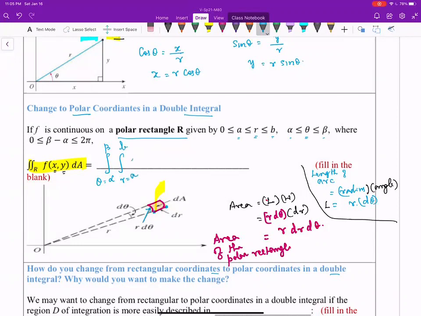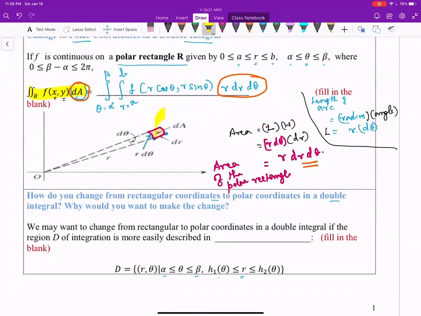Then f of x y changes, x becomes r cosine theta, y becomes r sine theta in polar coordinates, and this dA is the area of the polar rectangle, which is equal to r dr d theta. The explanation for r dr d theta is given here. It is the length times width of the polar rectangle. Length is r d theta and the width is dr, so it becomes r dr d theta.